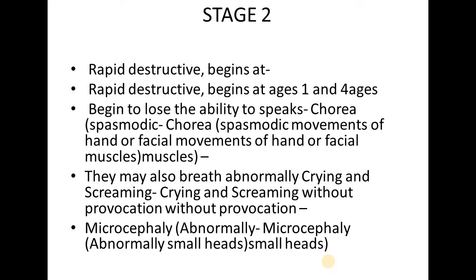They also breathe abnormally, and have crying and screaming without provocation. This is what occurs in stage 2. Also there is microcephaly, that is abnormally small heads. This is stage 2.